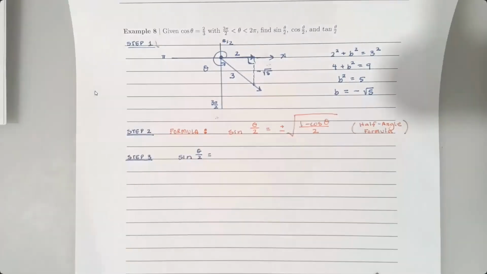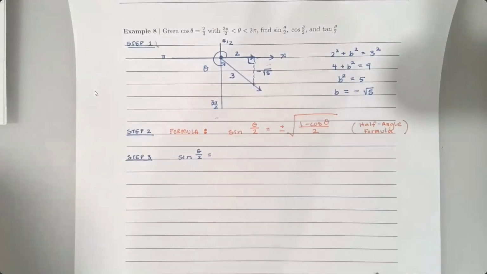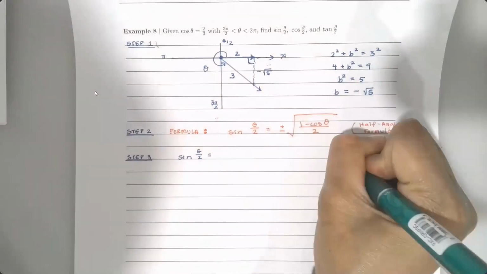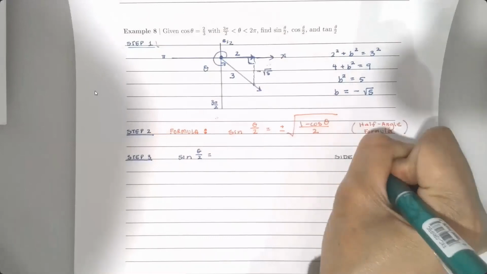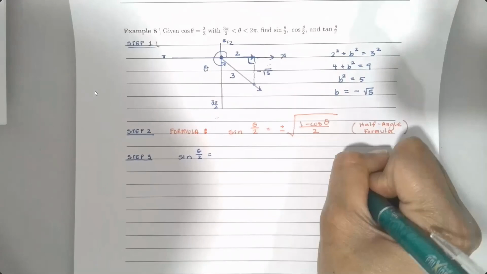We can't keep both. And whether we pick plus or minus is going to depend on where the angle theta over 2 terminates. Okay. So on this side, I'm going to write some important work. It'll be in a different color. This is our side work. And the question is, where is theta over 2?